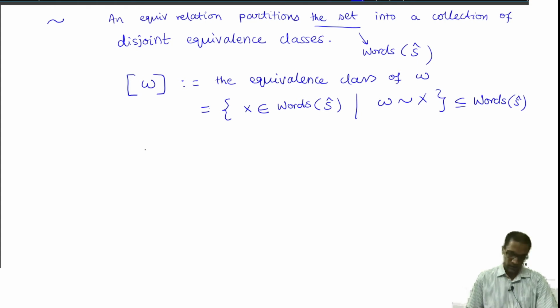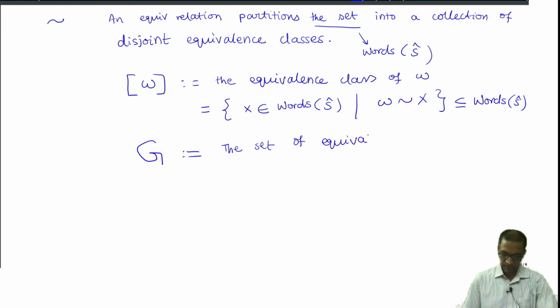Okay, and now here is the important definition for S. Let's call this set G, the set of all equivalence classes. So G is the set of equivalence classes for this equivalence relation tilde that we have just defined.